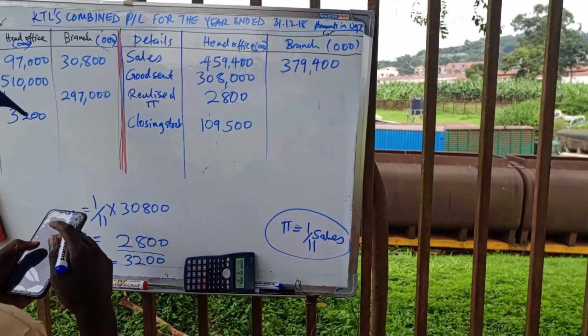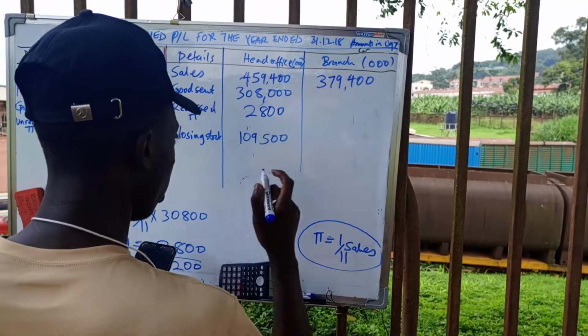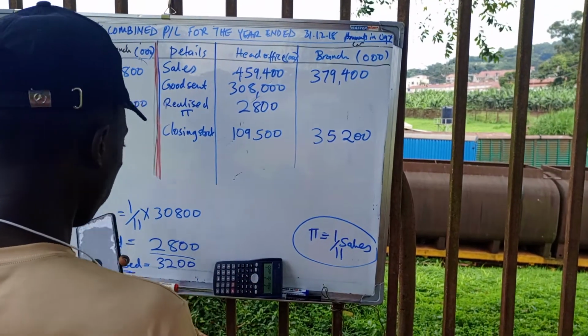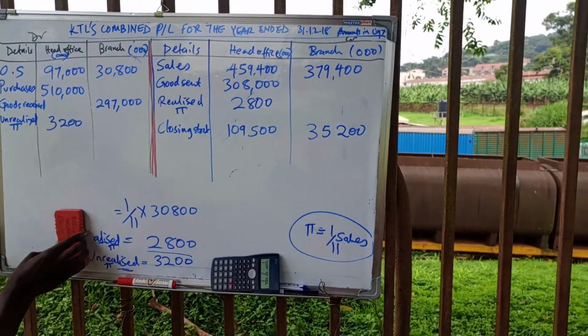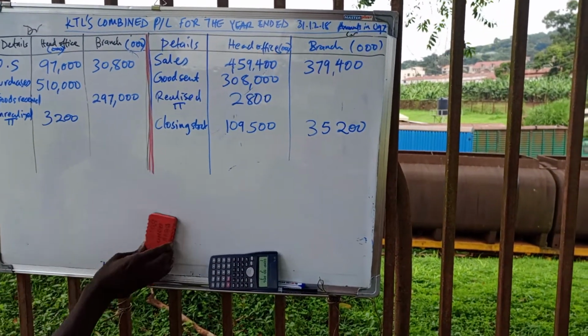Then the closing stock at the head office is 105. Then at the branch, in the additional information, they told us 35,200,000. So we have opening stock plus net purchase minus closing stock.